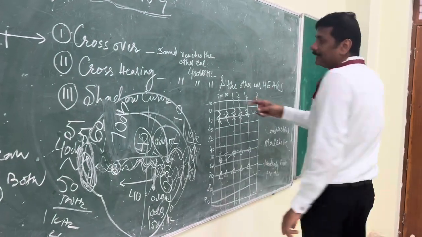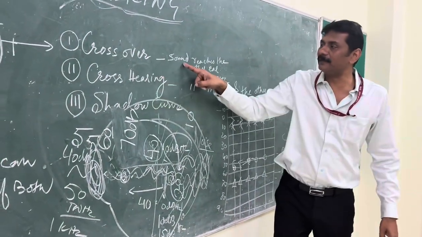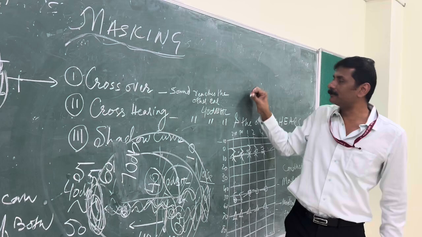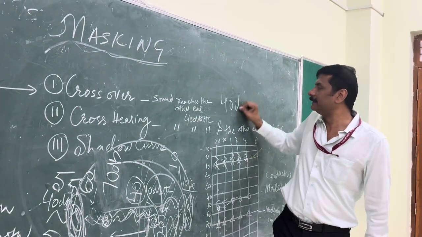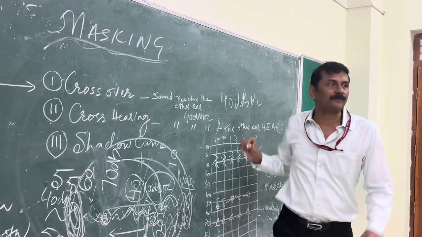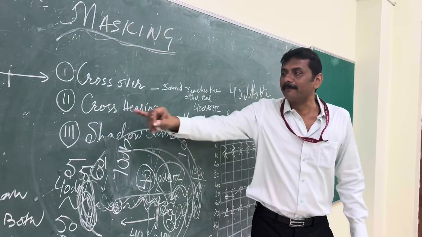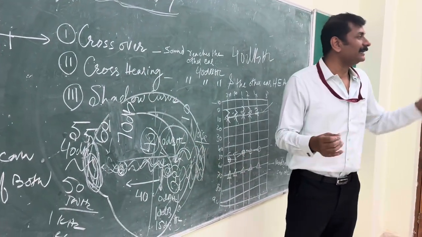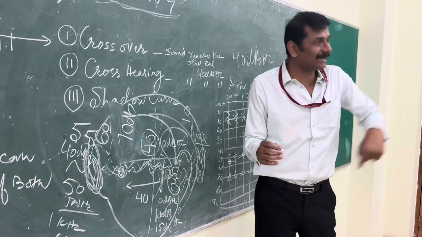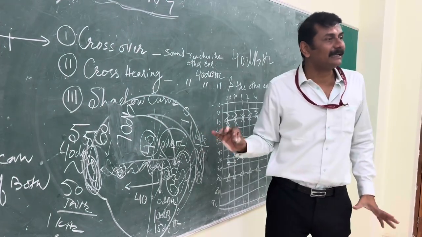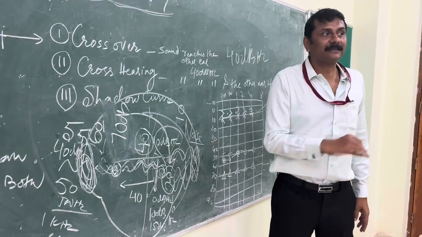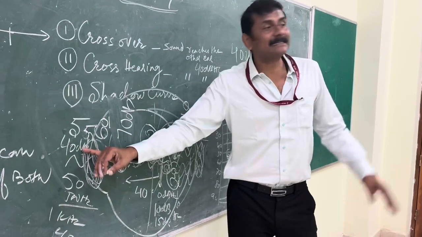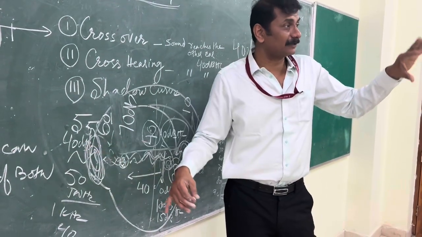So cross hearing is the phenomenon. Crossover is the phenomenon when sound reaches the other ear. It will be 40 decibel dBHL for TDH49 headphones. But the moment it reaches the other ear and the other ear starts responding, it is known as cross hearing. And this cross hearing is a difficult thing because here at 60 decibels the right ear is responding, but actually the loss is 70 decibels.